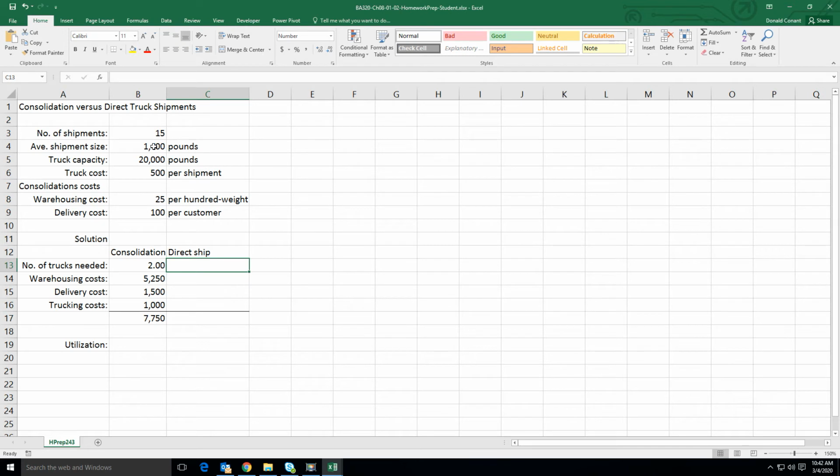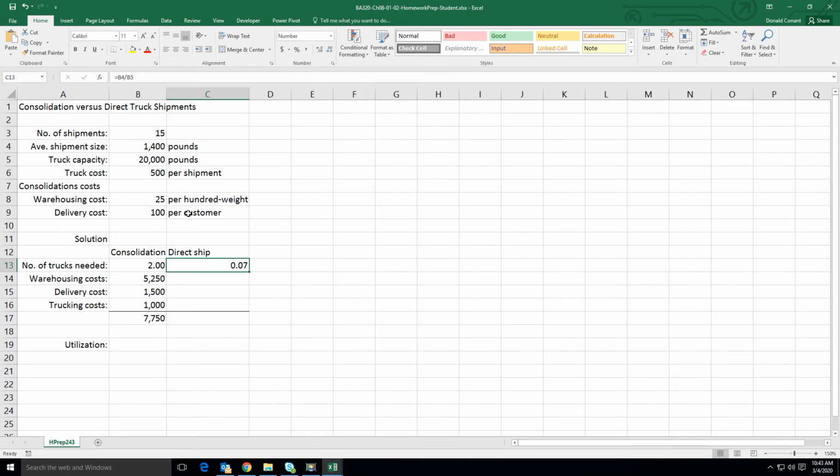So I'd have to increase the number of shipments 2 times. So the first thing I need to do is to check to see if I can fit the average shipment size into the truck. So what I'm going to do there is, again, use this. We'll work this out in steps. I'll take B4 and place it over the truck capacity. Give it a couple of decimals and see that 0.07, so yeah, it clearly fits in, but I can't get 0.07 of a truck.